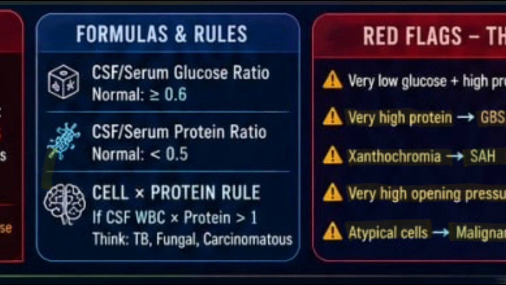In high protein, we have to suspect TB meningitis, Guillain-Barré syndrome or carcinomatous meningitis. If you are seeing xanthochromia in cerebrospinal fluid, we have to suspect subarachnoid hemorrhage. If you remember this, you can solve 90% of cerebrospinal fluid questions instantly.